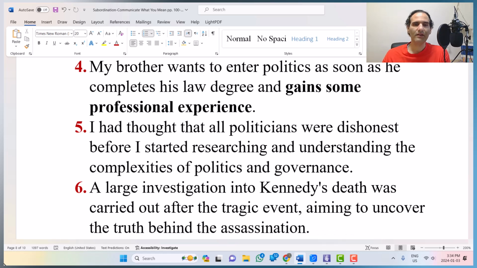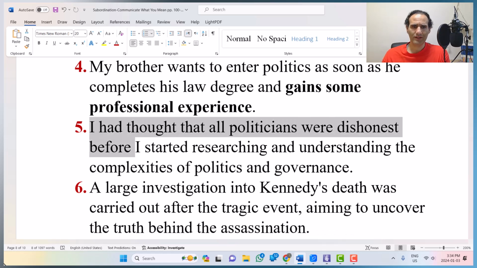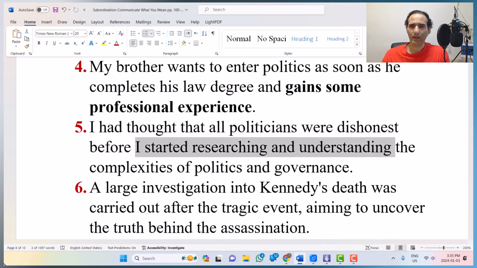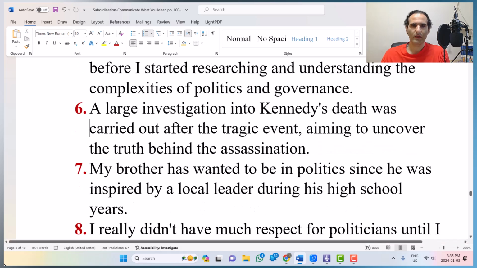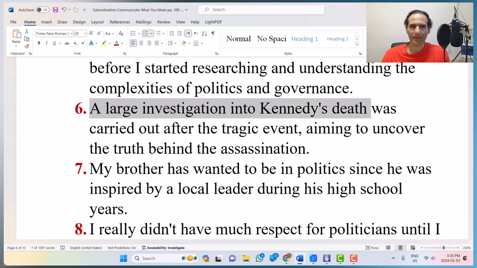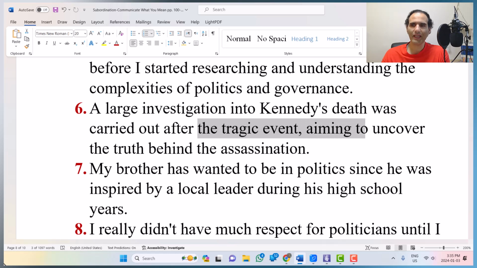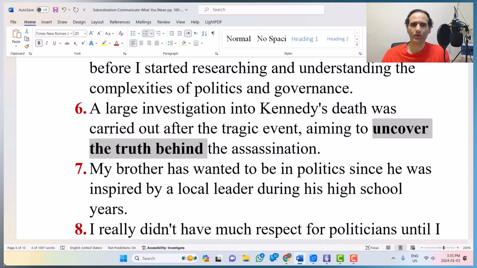Number 5, I thought that all politicians were dishonest before I started researching and understanding the complexities of politics and governance. A large investigation into Kennedy's death was carried out after the tragic event, aiming to uncover the truth behind the assassination. So, uncover the truth behind something.